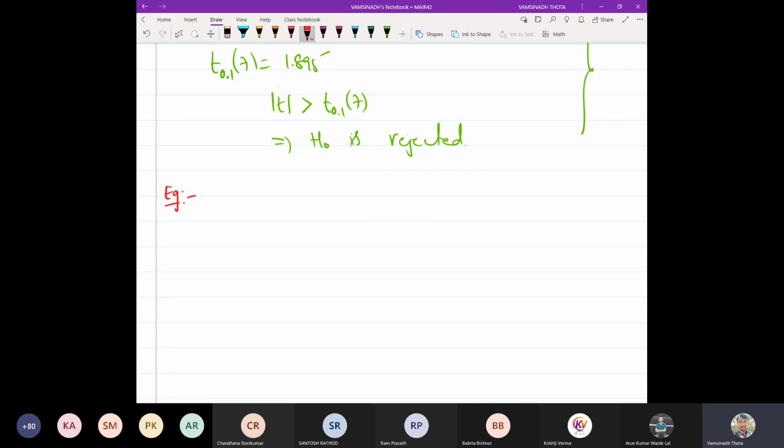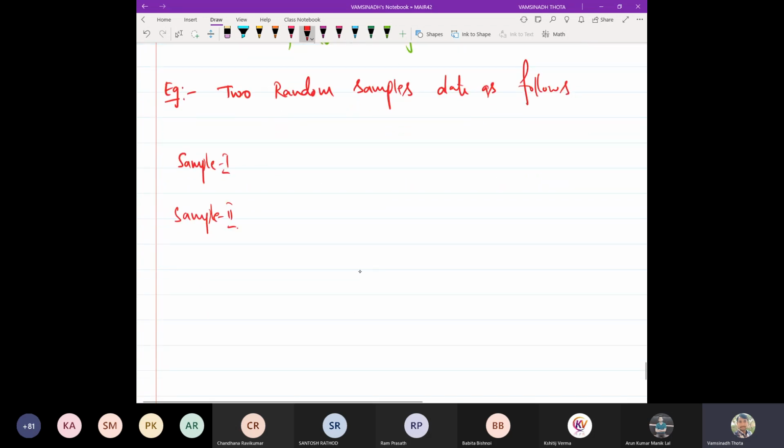Another exercise. Two random samples have been drawn. Data is as follows. Sample 1, sample 2.